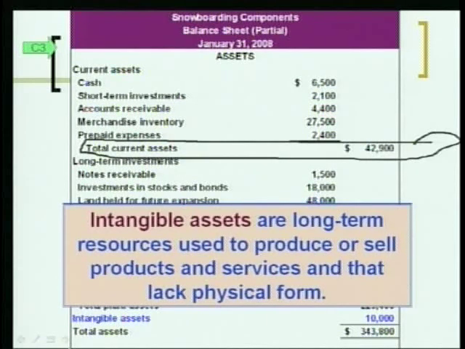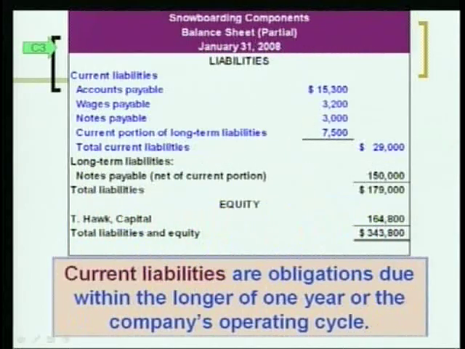All right, let's take a look at the other side of this balance sheet, the liabilities. Again, your current liabilities. There's AP, there's wages payable. I don't like that note payable. It's not specific enough, okay? But let's assume that's a note payable due in 6 months, okay? And then the current portion of the long-term liability. We talked about that, right?